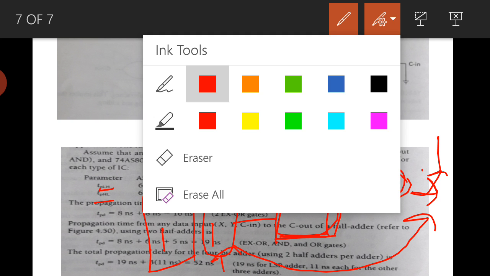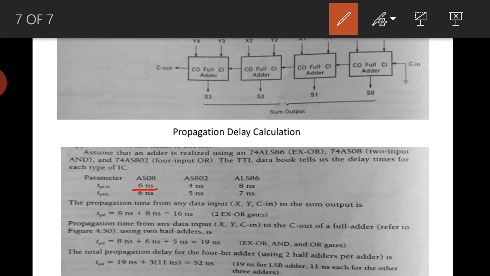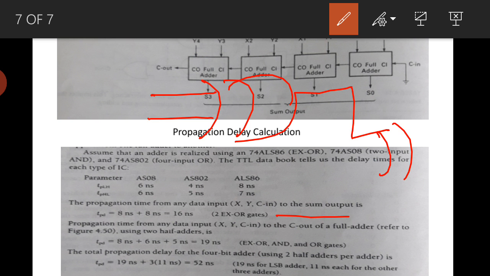The delay they have given here is 6 nanoseconds for the AND gate, 4 nanoseconds for the OR gate and 8 nanoseconds for the XOR gate. If you take the sum, this is one XOR gate and here is one more XOR gate, so we are using 2 XOR gates.